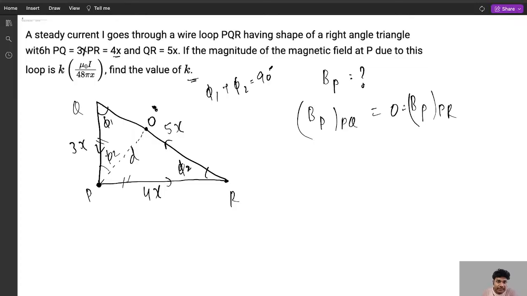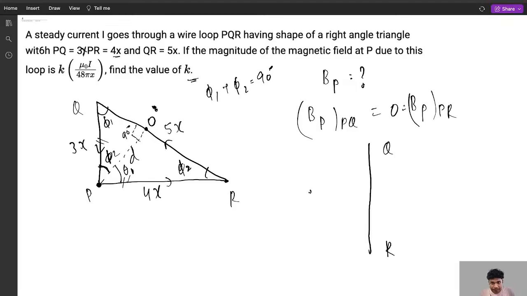If this angle is 90 degrees, then this is 90 minus theta 1, which equals theta 2, and this is theta 1. Do you understand this?